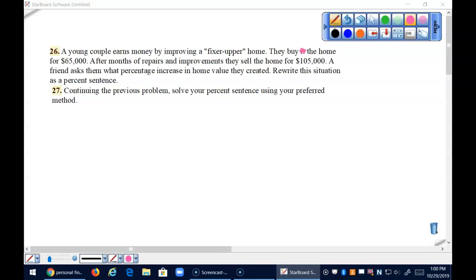So, what is our percent sentence, right? What is of and percent in this situation?